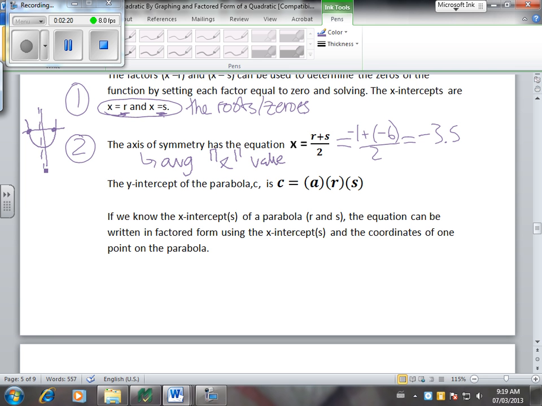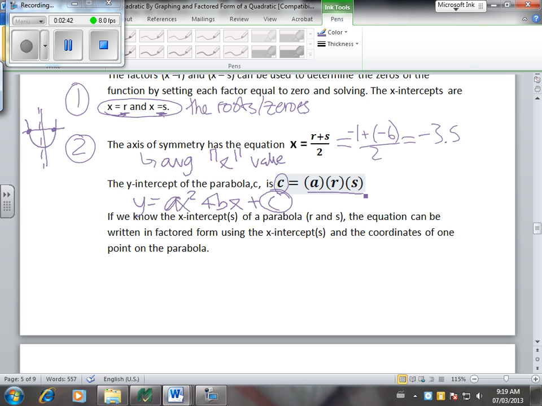Okay, and the y-intercept of the parabola is c. Okay, so when you have a x squared plus bx plus c, then c is your y-intercept. And you can find it by multiplying a by r by s.